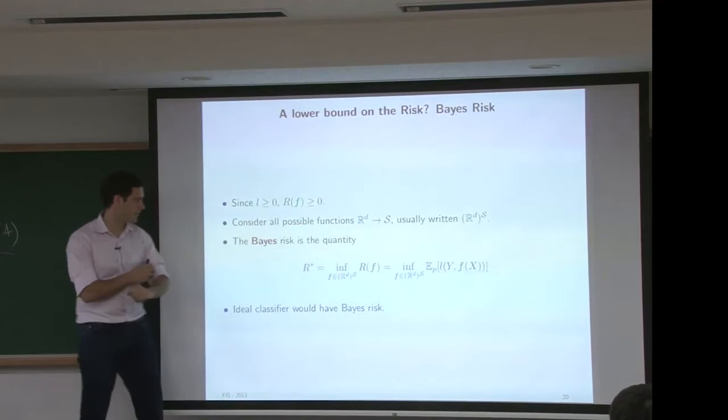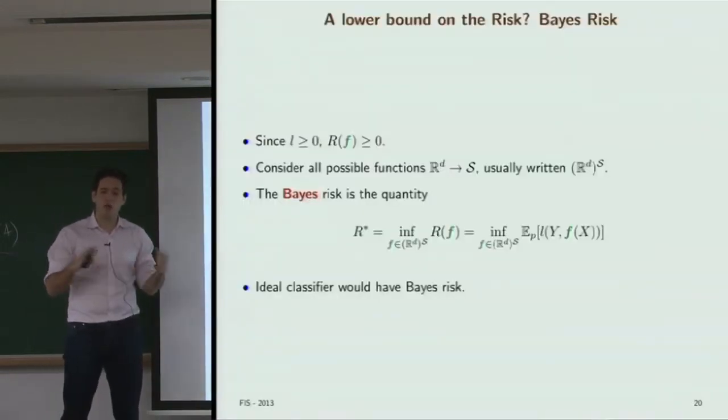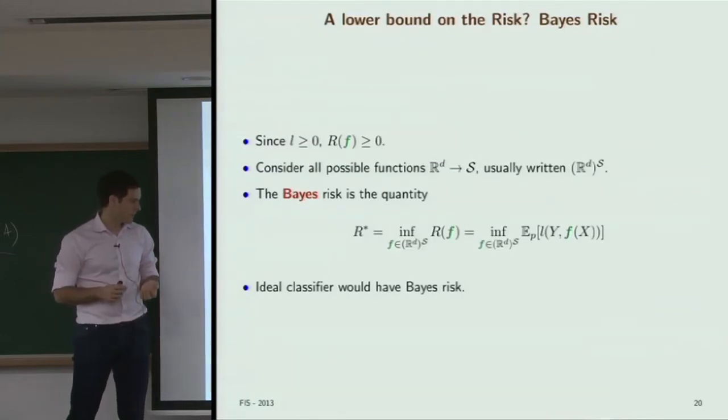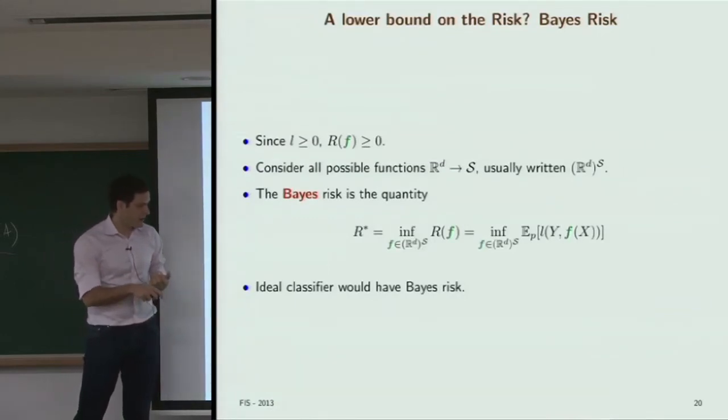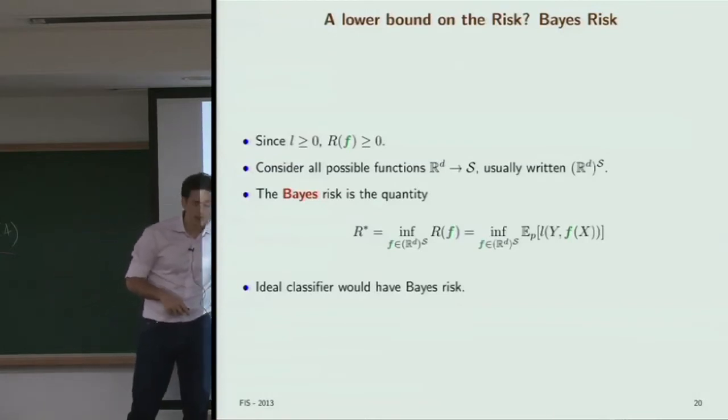This cannot be negative. So if you consider the set of all possible functions that go from R^d to S, the set of all input-output maps, then you can write the infimum, the smallest risk over all functions in that space.